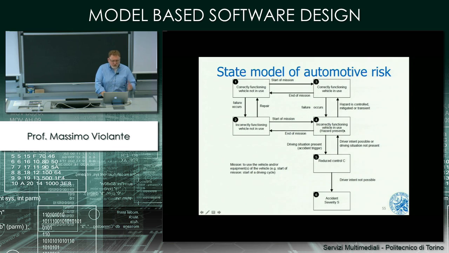So we could have an effect due to this failure. Let's imagine that the driver brakes the pedal too much, let's imagine that the road is wet, and the wheels stop rotating immediately.